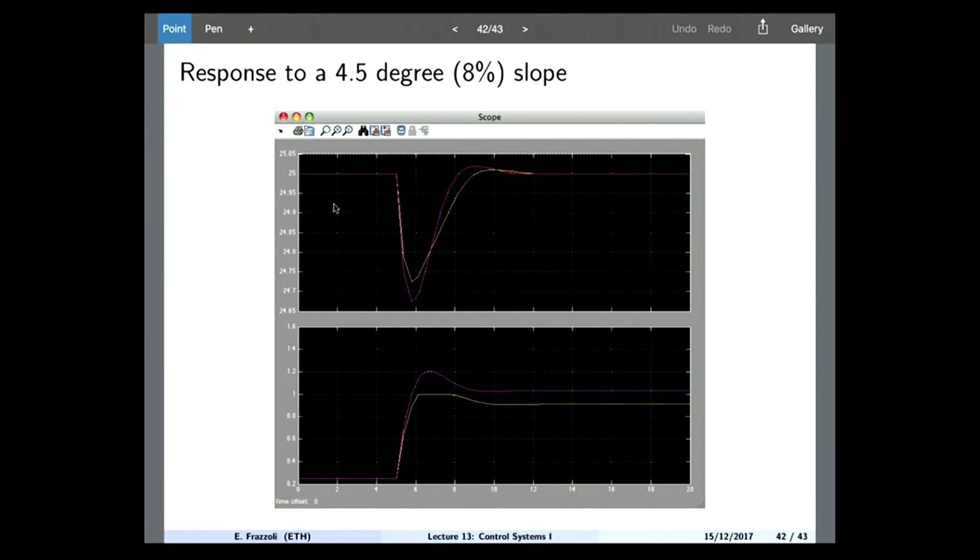I wanted to say this because very often when you design a system, you want to have zero steady state error, and you are typically tempted to put an integrator in there. However, the integrator can generate very bad behavior whenever your system is subject to saturations.